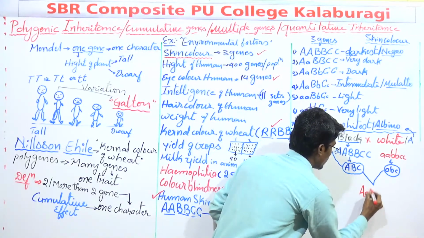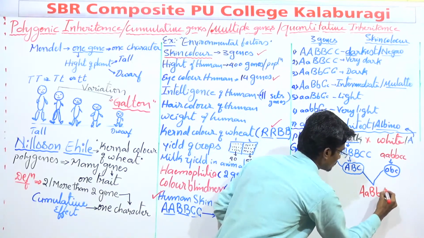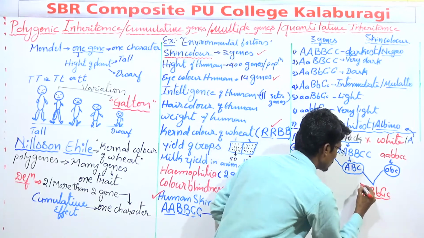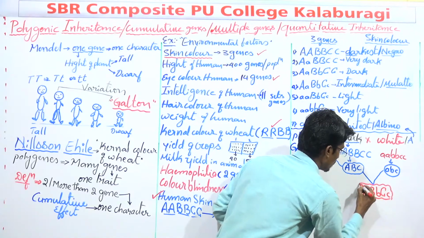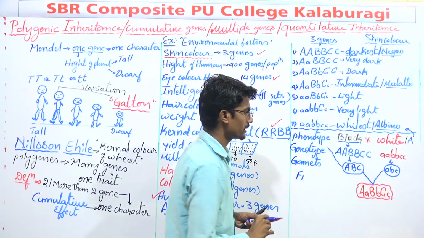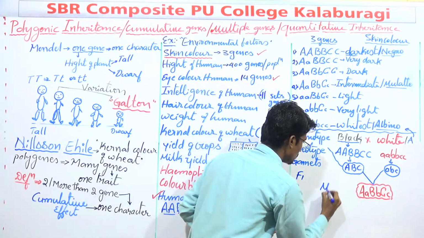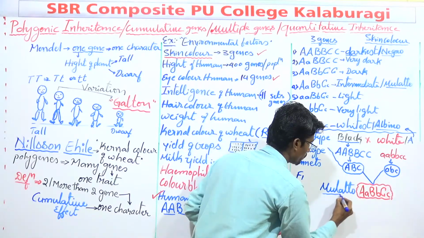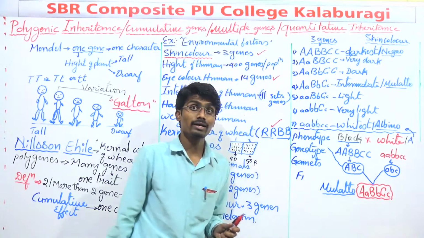It becomes heterozygous condition, and this trait is known as mulatto. Mulatto means intermediate color.